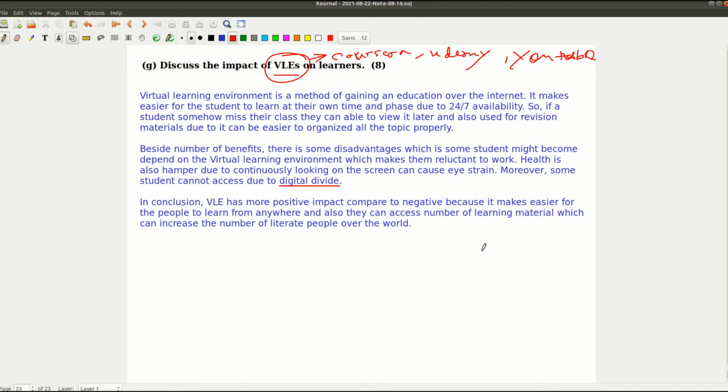So this can also be one of the reasons to increase the number of literate people over the world. So compared to this, I think VLE has a more positive impact compared to negative. You can write similar to this, or if you want to make changes here you can do it. No problem. So this is the last answer of this question.